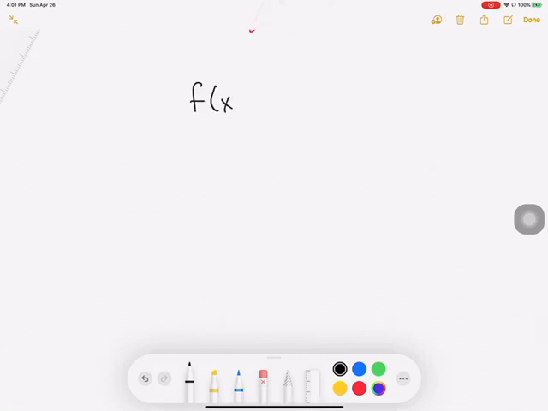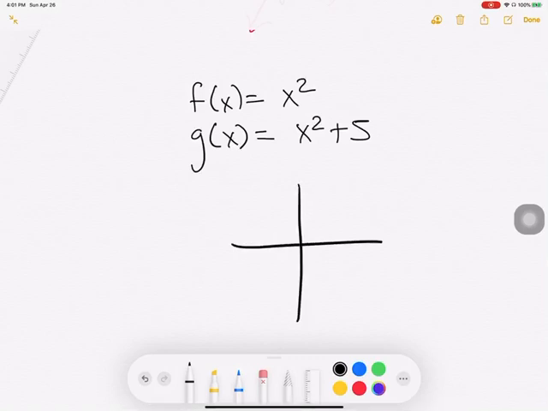The f of x equals x squared and g of x equals x squared plus 5. Right? How is the graph of g related to the graph of f? Well, I know the graph of f goes through the center. It has to go through the center because it doesn't have a constant. And I know the graph of g has to go 5 units up.